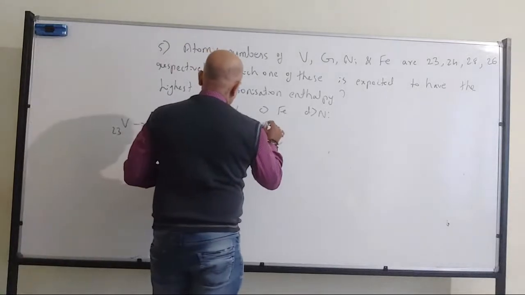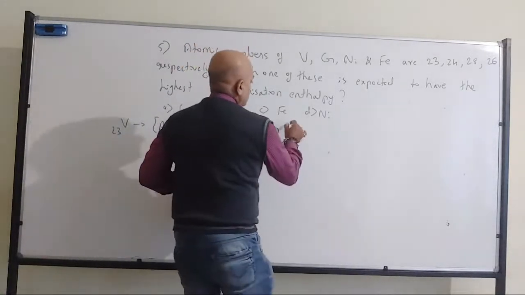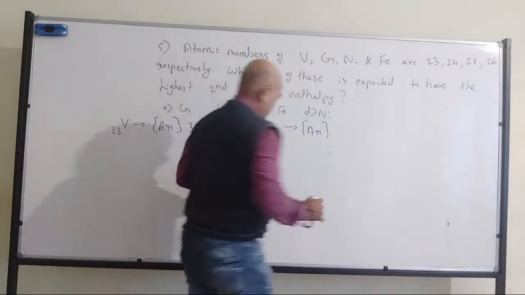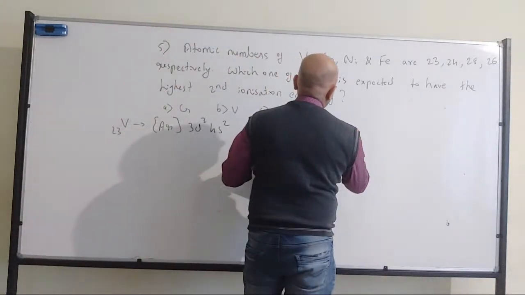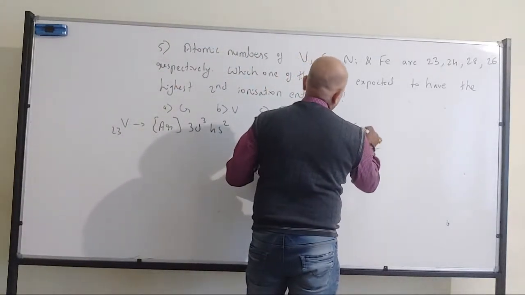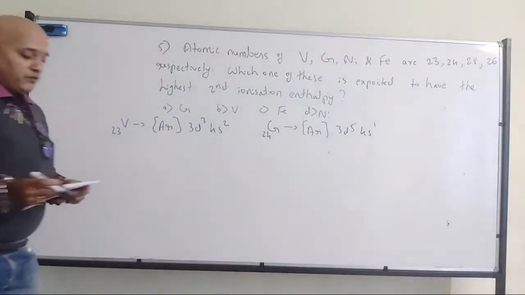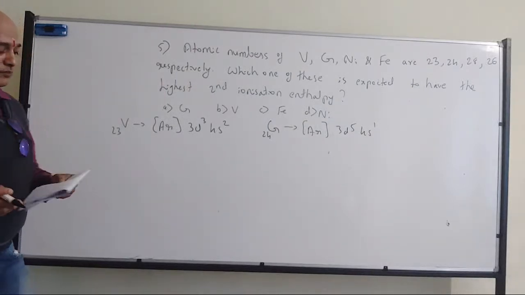Now chromium is 24. Here also we can take the help of argon, as all of them are fourth period. So chromium is argon 3d5 4s1.